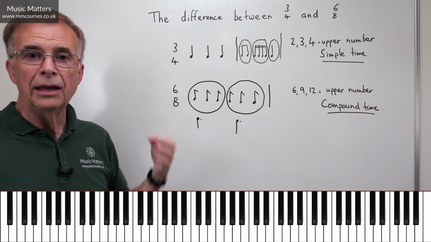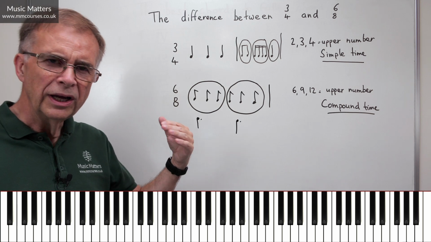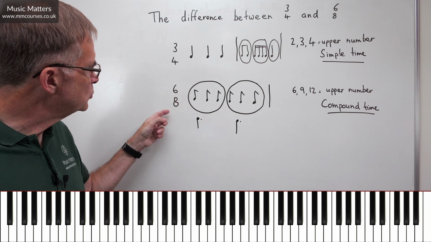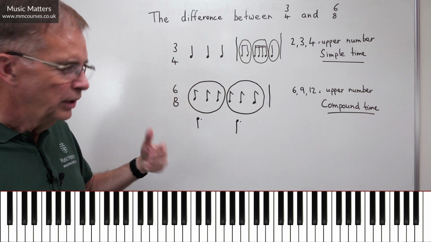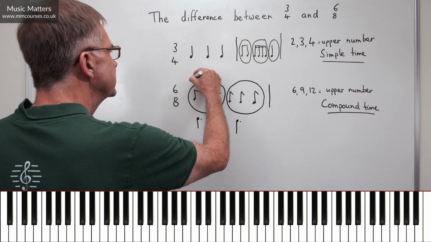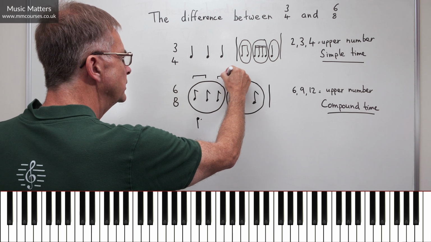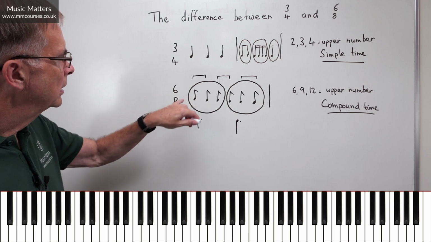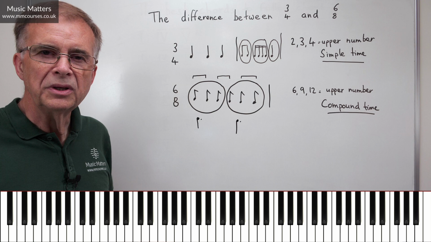Now, it's actually important to know this because if you get this not quite organized in your mind and you start trying to play a piece of music that's written in 6/8 as if it's in 3/4, well, you're going to have all the accentuation of notes wrong, aren't you? Because if this is in 6/8 but you play it in 3/4, you'll be thinking those 2 notes go together, those 2 notes go together, those 2 notes go together, and you'll be playing 1 and 2 and 3 and, well, that would be a rhythm in 3/4.